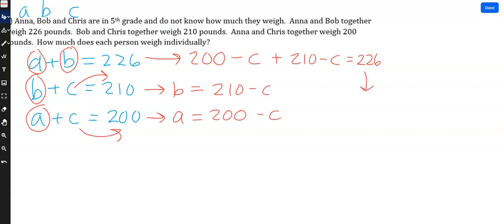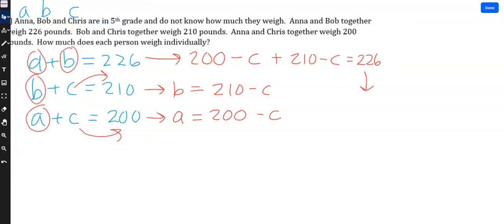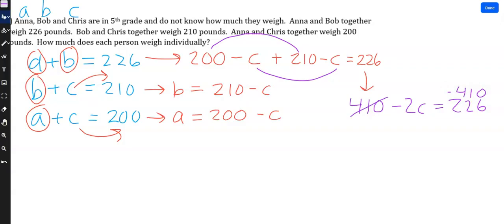Well, I've got like terms I can add. 200 and 210, that's 410. I got the C's, that's minus 2C, equals 226. And so we're going to get rid of this to the other side by subtracting it. Negative 410 plus 226 equals negative 184, so negative 2C equals negative 184.